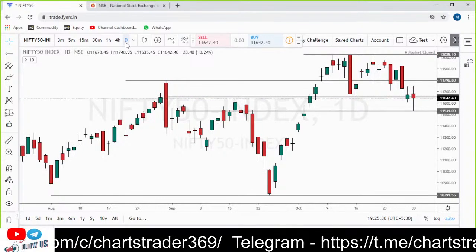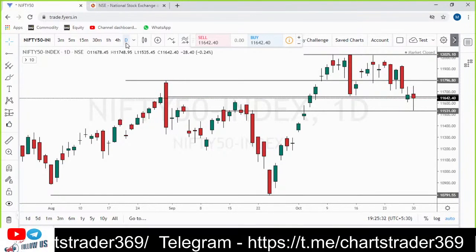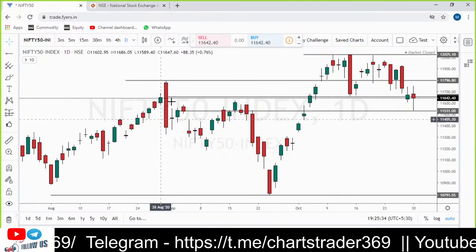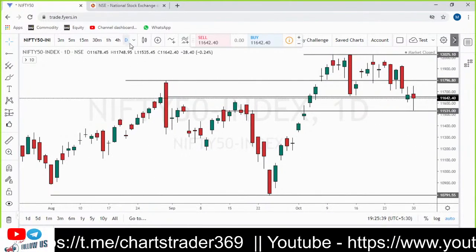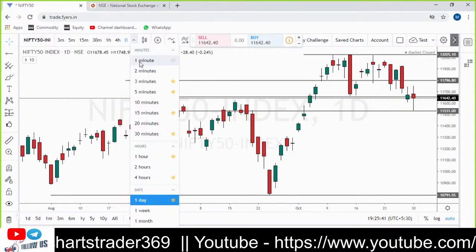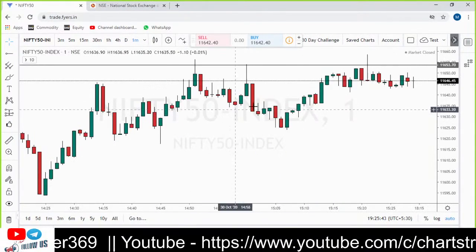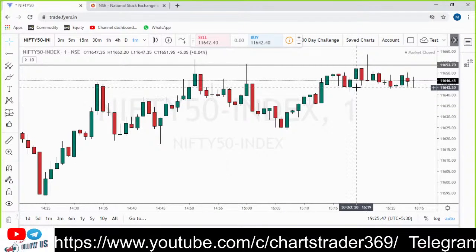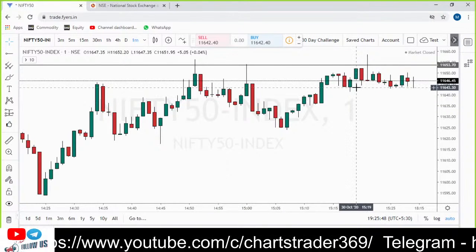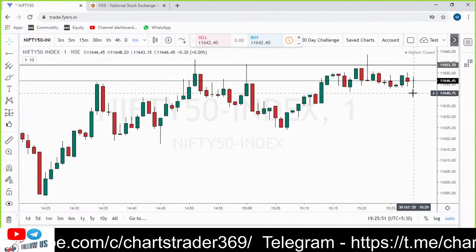We have 6 hours 15 minutes of trading hours, and whatever data we are seeing is just price information. Even if you go to 1 minute you'll get all this price information. It is nothing but price data, printing at every second.